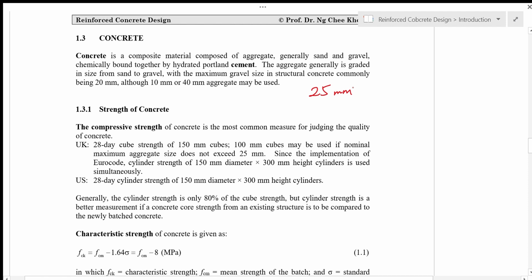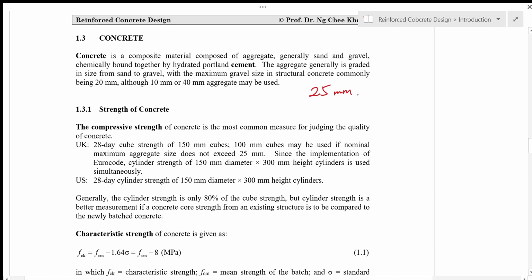The strength of concrete is defined by the 28-day cube strength of 150 mm cubes, according to the UK standards. Malaysia also follows UK standards. Sometimes we use smaller cubes, which are 100 mm cubes, if our aggregate size does not exceed 25 mm.